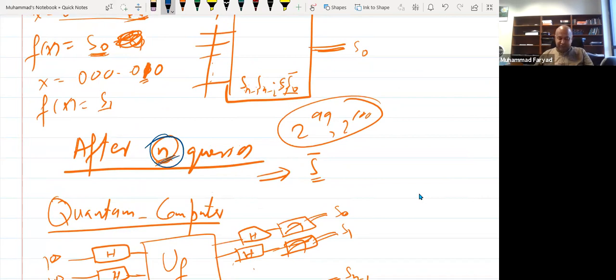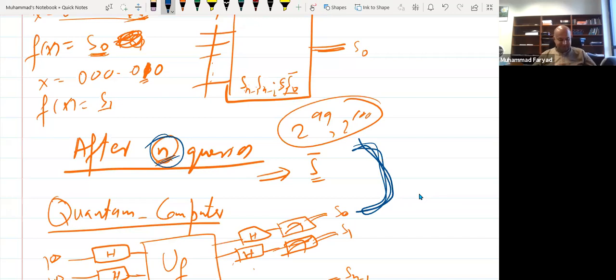So this separation between the two computers is actually much more profound than what was shown by the Deutsch-Jozsa algorithm, at least if we are ready to consider a probabilistic classical computer in the classical realm.